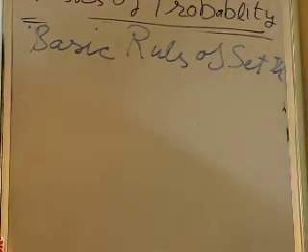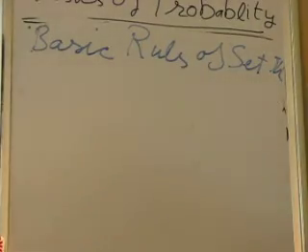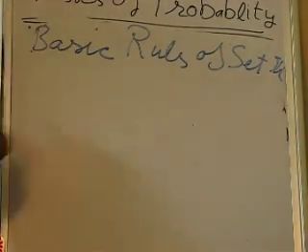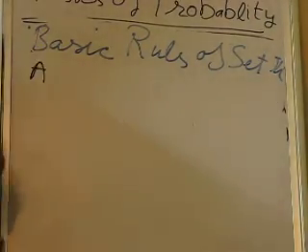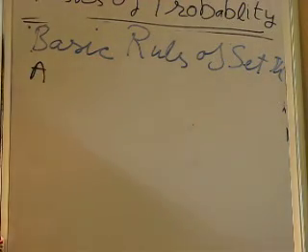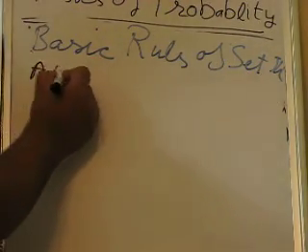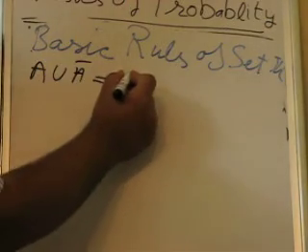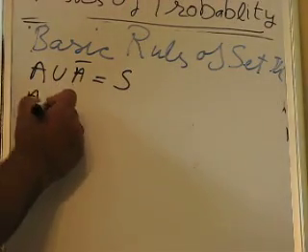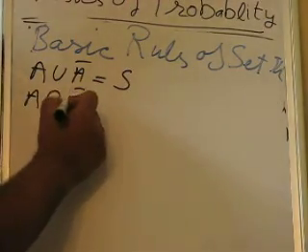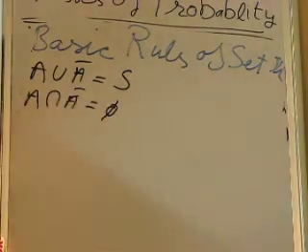There is another thing called the complementation law. When you take a union or intersection of a set with its complement, what will you get? A union A bar is equal to S, and A intersection A bar is equal to phi. Why?